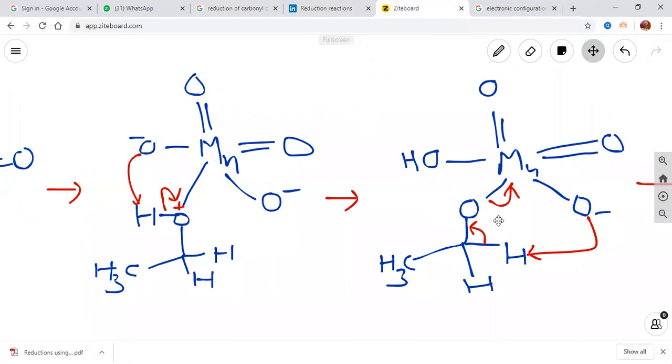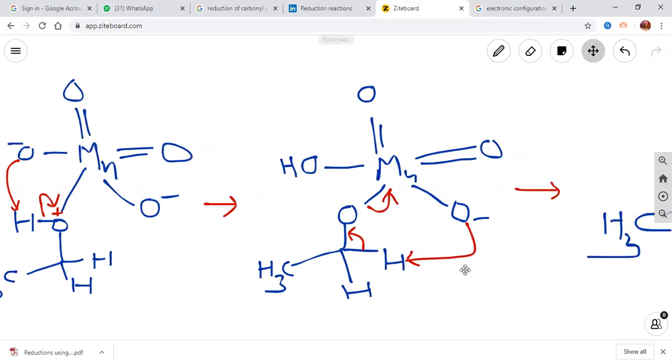In this structure, the other oxygen having a negative charge is able to abstract one of the alpha hydrogens. This bond breaks and goes to the oxygen, and it becomes double bonded. This bond breaks from the oxygen and collapses to the manganese.